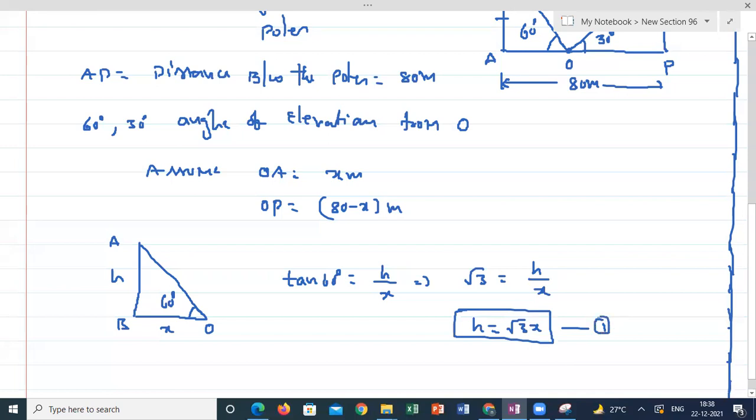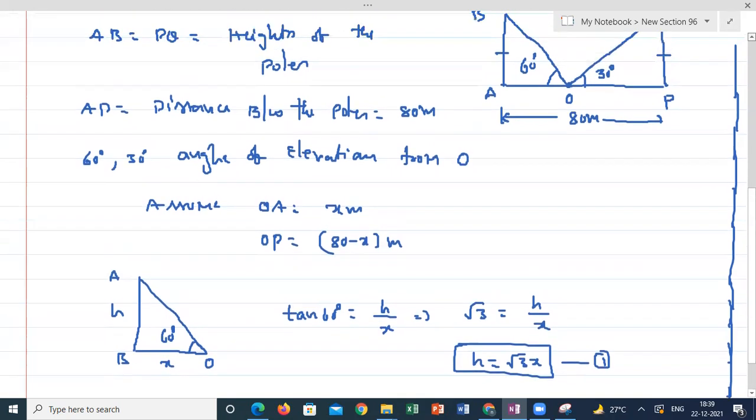Is everyone clear up to this? Say yes or no, so I can move to the next step. Is the diagram clear?